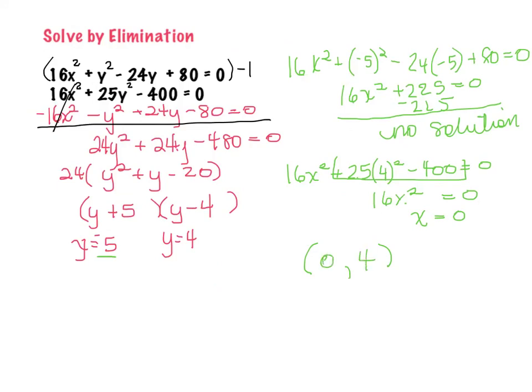There is no ordered pair with 5. So what I would do now is store 0 as x, and I would store 4 as y, and I would then type in my equations and see if the results gave me 0.